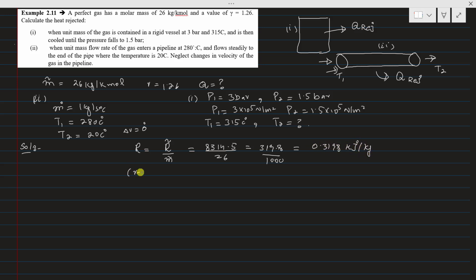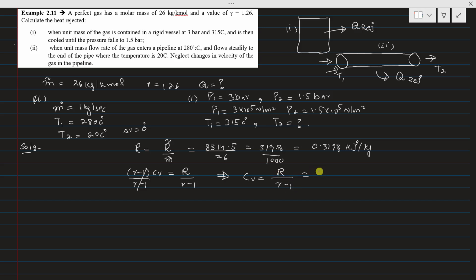Then (gamma minus 1) times Cv is equal to the gas constant R. We are interested in finding the Cv value, so divide both sides by (gamma minus 1); gamma minus 1 cancels out. By rearranging, Cv is equal to R divided by (gamma minus 1).